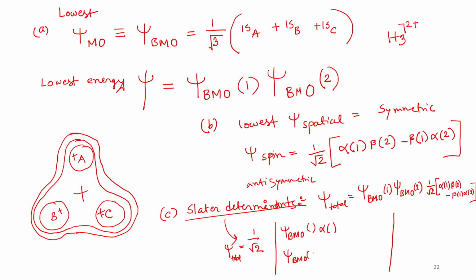I am keeping the spin orbitals the same in all the rows, and changing them in the columns, so it is BMO beta. By this convention I will put 1 1 here, here it will be 2 2, here it will be 1 1.